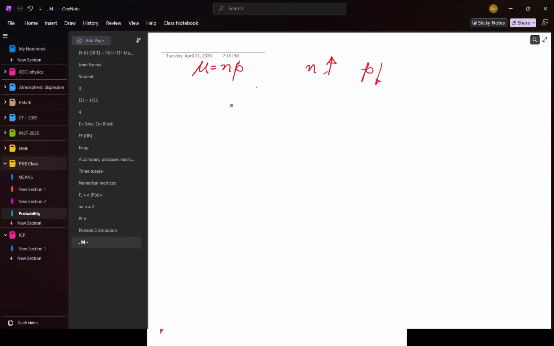So we consider the calculation by binomial expression. For some value of x, we find that it is nCx, p raised to the power x, and q, which is the complement of p probability, it is n minus x.